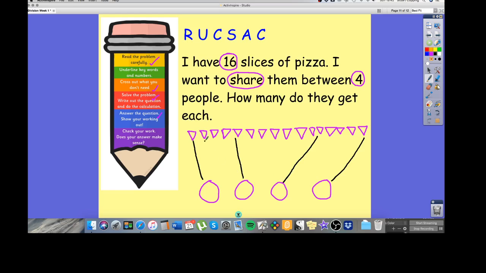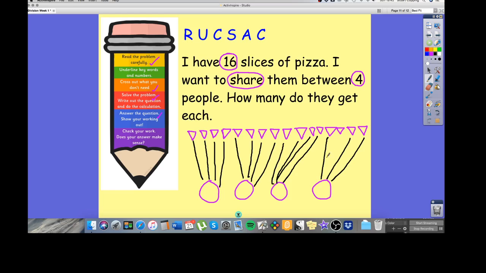And I do the same again. 1, 2. No, that one's going to go there. That one's going to go there. So each one now has 3 bits of pizza on a plate.